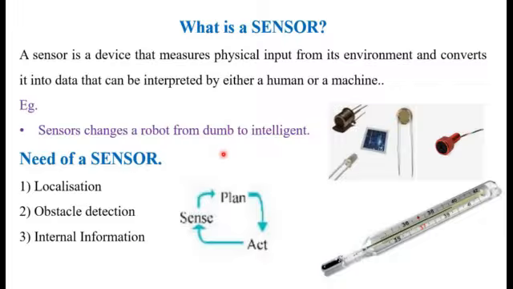Sensors are needed for localization, to detect obstacles in the path, and to collect internal information from the system or machine. Basically these sensors sense the input data, then plan on that input data and act accordingly in order to get the output signals.